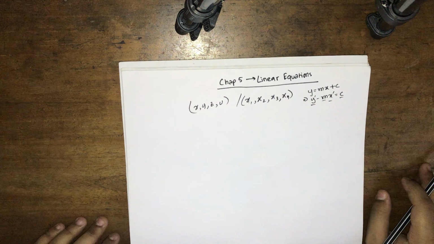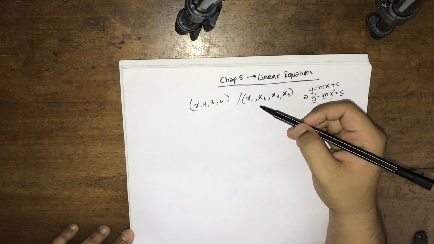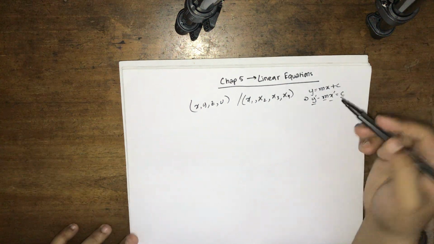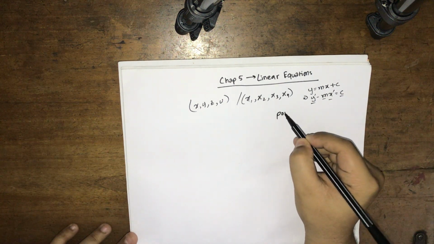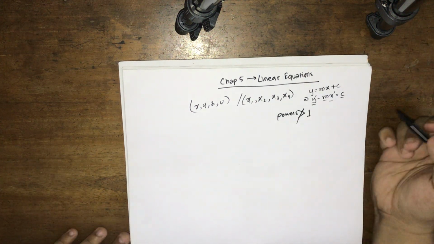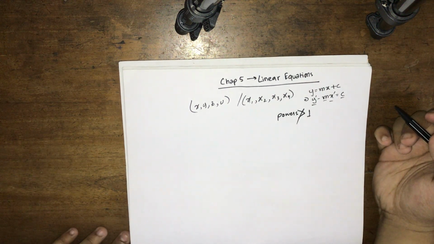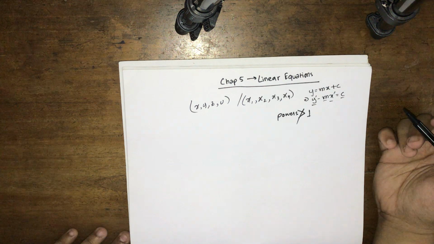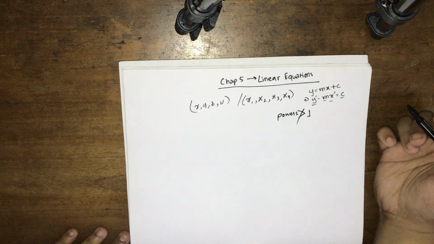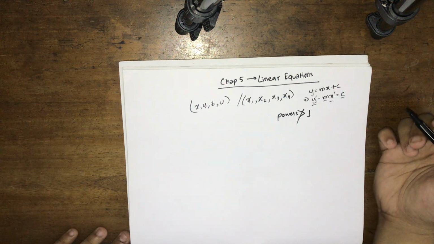But the condition is that the powers of the variables won't be greater than 1. If any of the variables have a power greater than 1, then we cannot call it a linear equation. It's a non-linear equation.